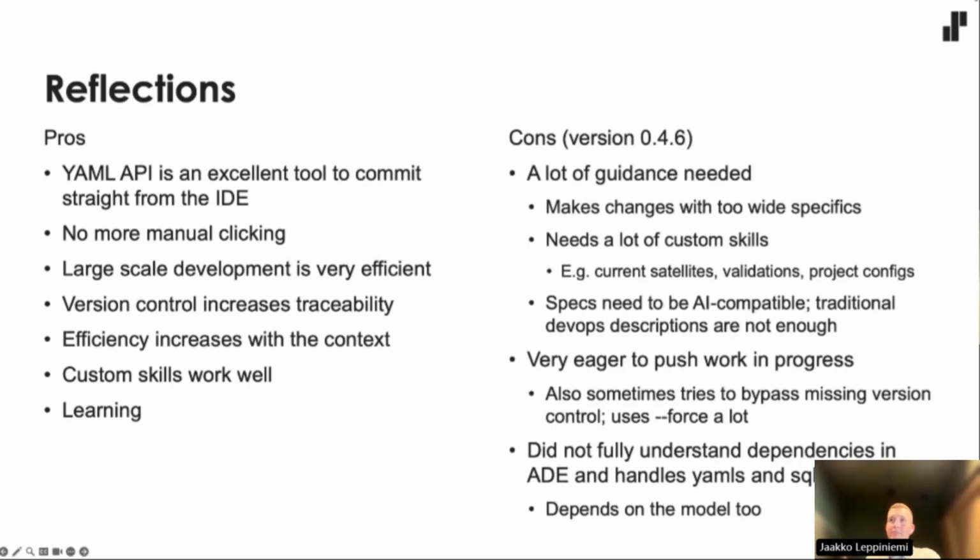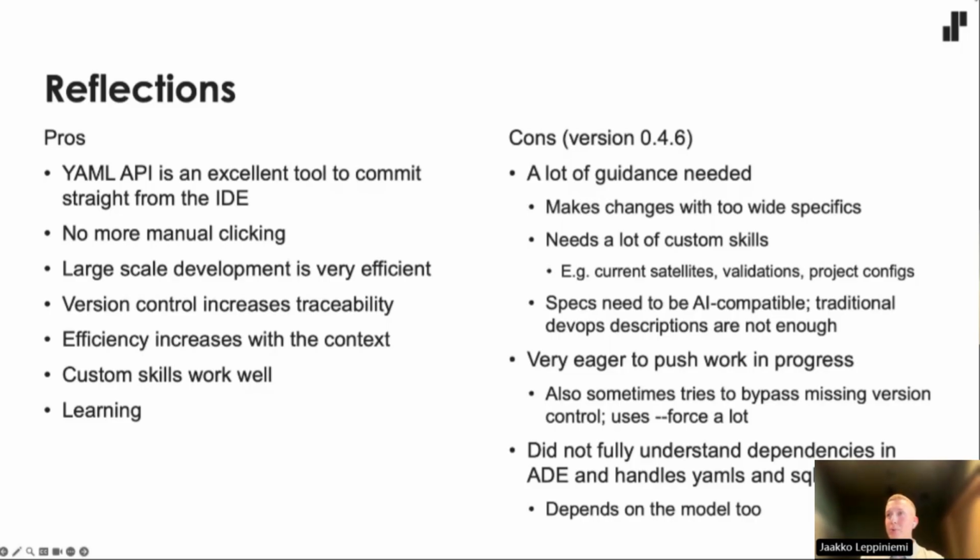And if you have your own project configurations, there's a lot of maintaining of the workspace. Also, sometimes this might depend on the model that you're using, but it does some shady things.